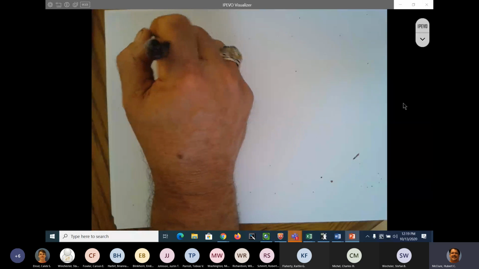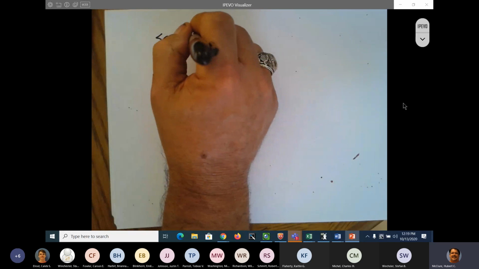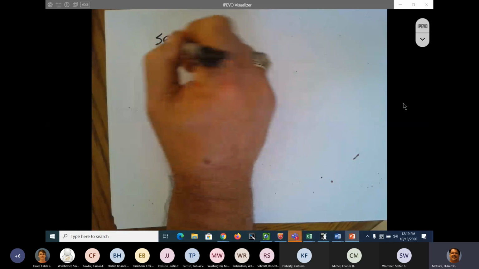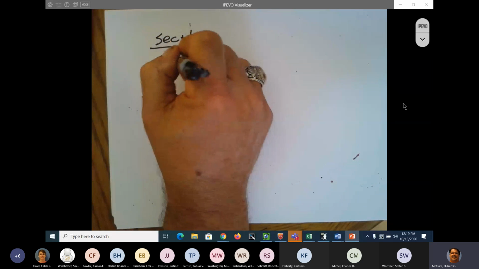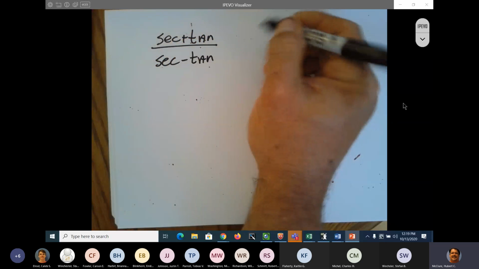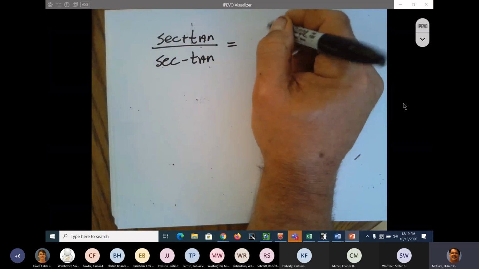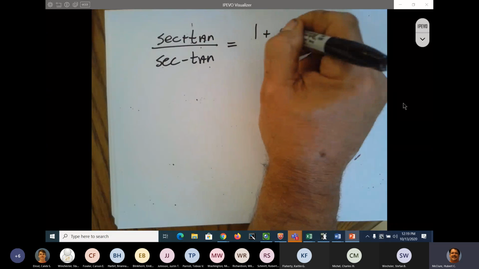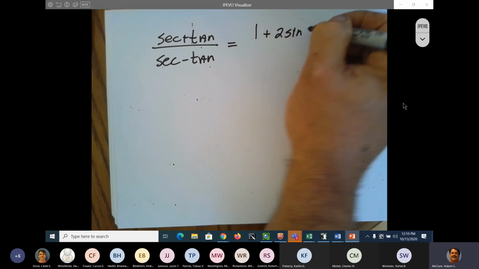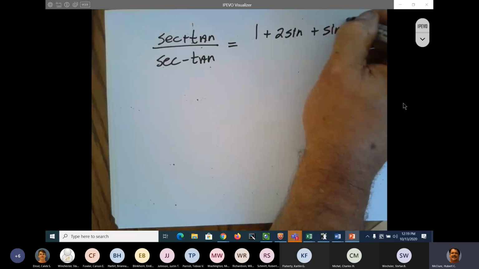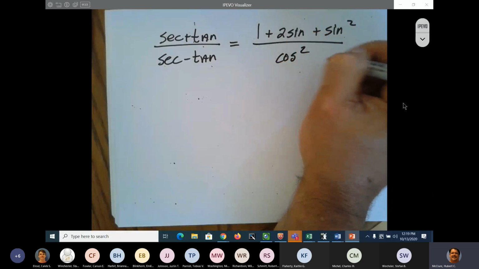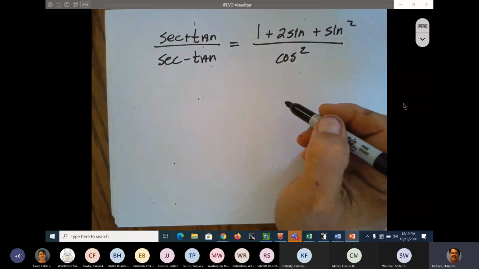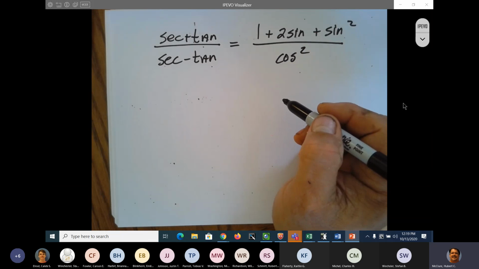This one says secant plus tan over secant minus tan is equal to 1 plus 2 sine plus sine squared over cosine squared. Now, of course, all those have thetas in them or alphas or whatever. And they're picking the left-hand side.